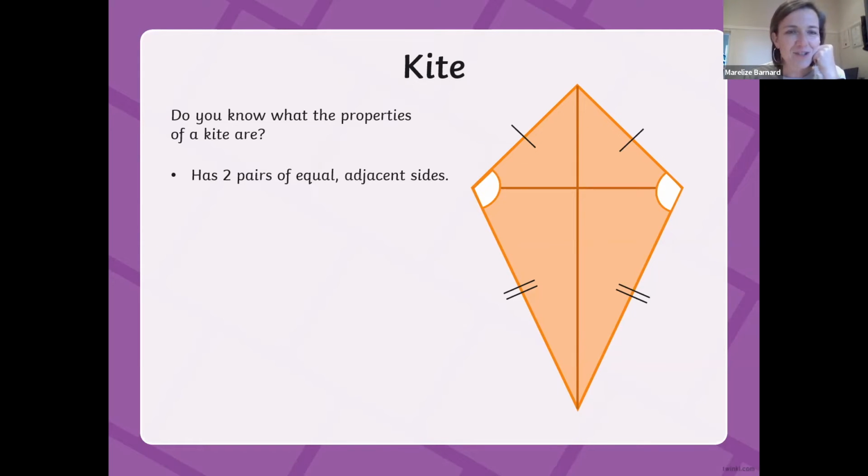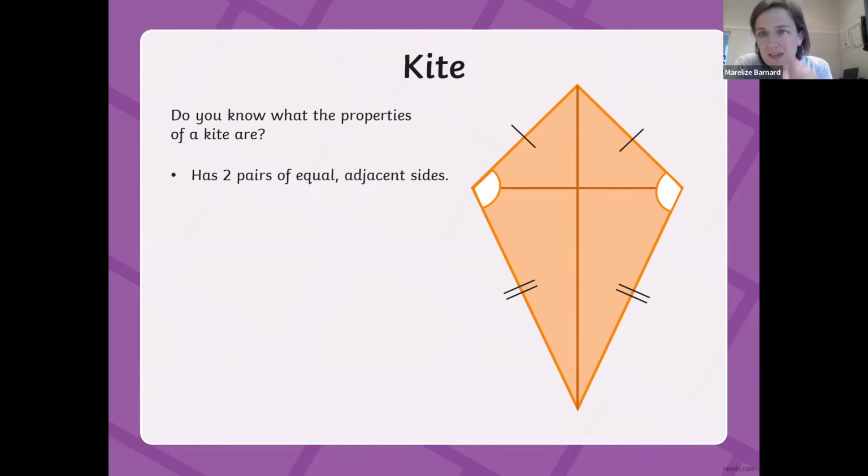Okay, so two pairs of equal adjacent sides. Yes, Buchle. Do you, Ma'am, also not like kites? What exactly is the difference between a rhombus and a kite? A rhombus has all the sides equal, and a kite has two pairs of adjacent sides equal.